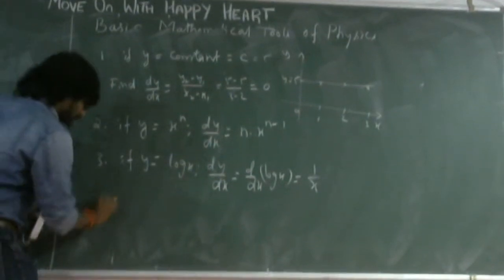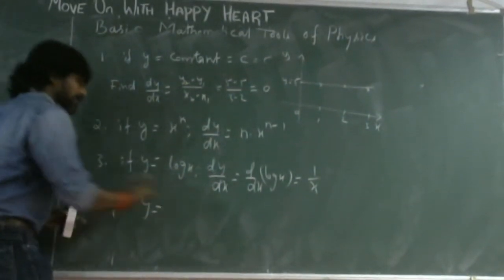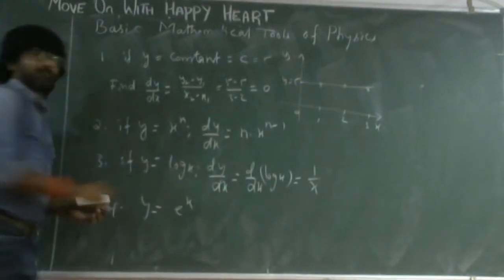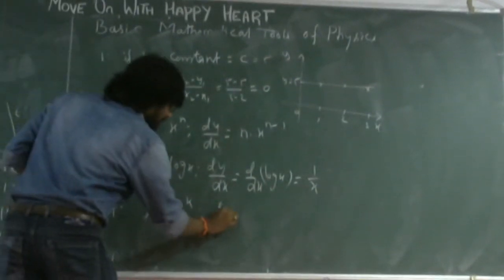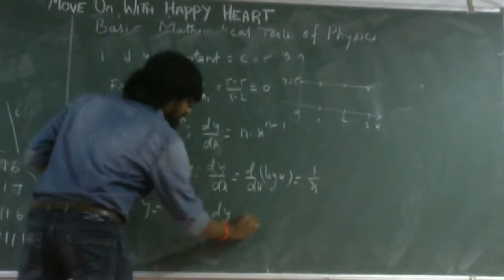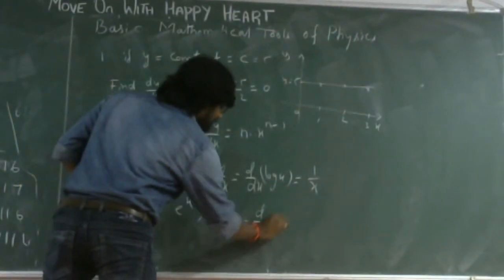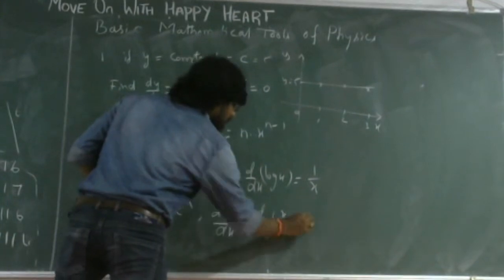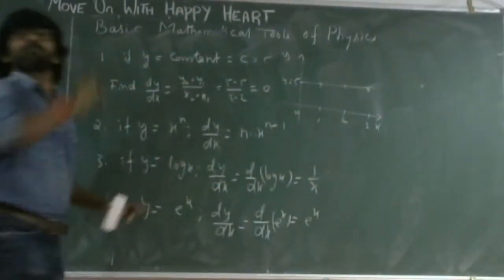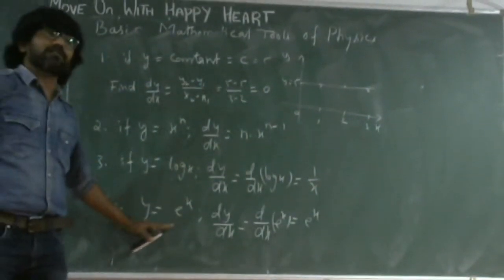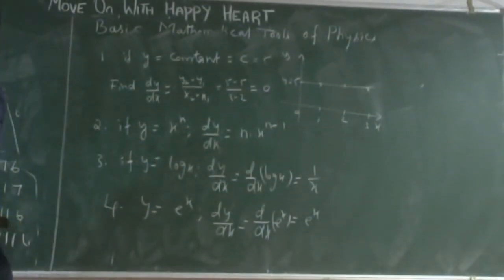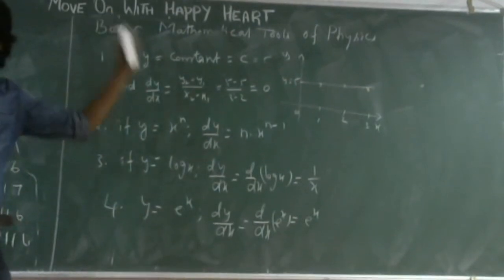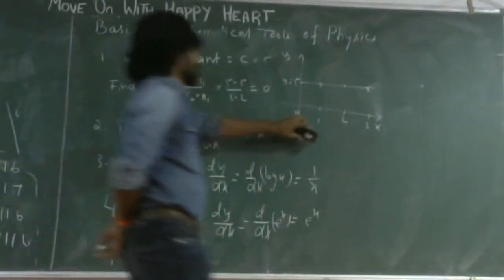Whereas if your function is the exponential function e power x, if y is equal to e power x, then dy by dx is d by dx of e power x, equal to e power x only. If you differentiate the exponential function with respect to x, you get the same function. Got it? Whereas, let us see a few trigonometric functions.